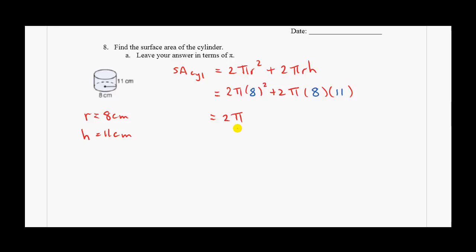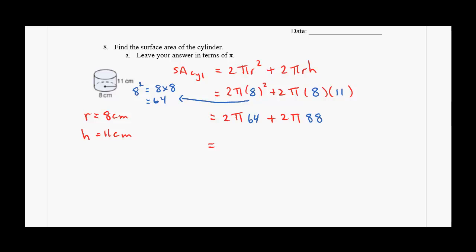2 times pi times 8 squared. Just a note, 8 squared is the same as 8 times 8, which gives us 64. So 2 times pi times 64, plus 2 times pi and 8 times 11 is times 88.